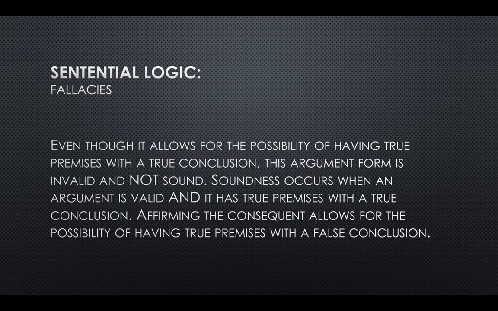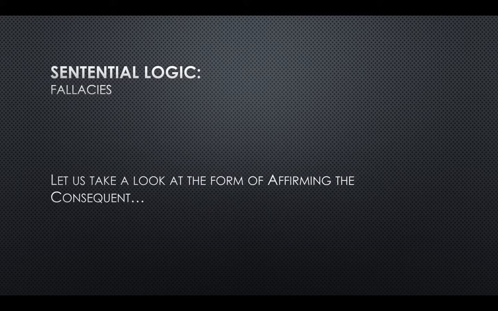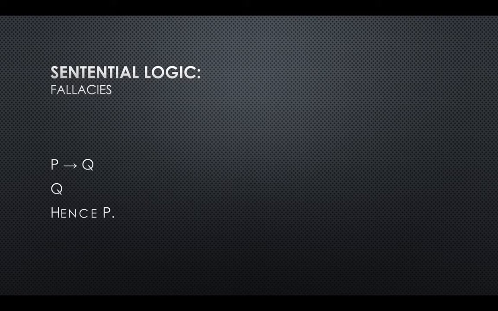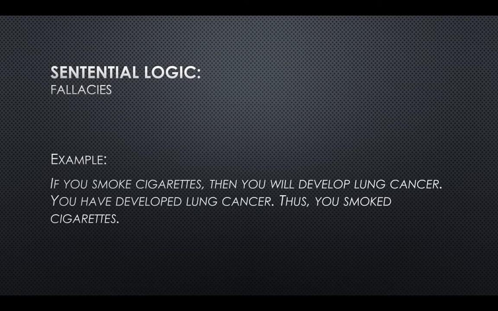Affirming the consequent allows for the possibility of having true premises with a false conclusion. Let us take a look at the form of affirming the consequent. If P, then Q. Q, hence P. Example: if you smoke cigarettes, then you will develop lung cancer. You have developed lung cancer, thus you smoked cigarettes.